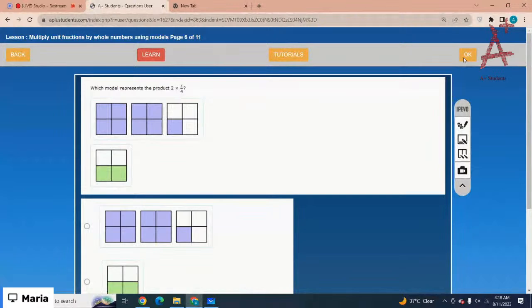Okay, which model represents the product 2 times 1 over 4? So which is the correct option? 2 times 1 over 4 means you have 2 out of 4, right? The total portions are 4, just 2 of them are colored. So which is the correct option?